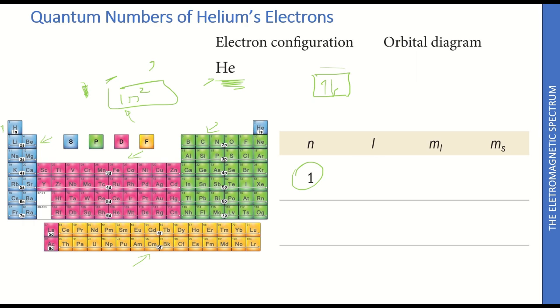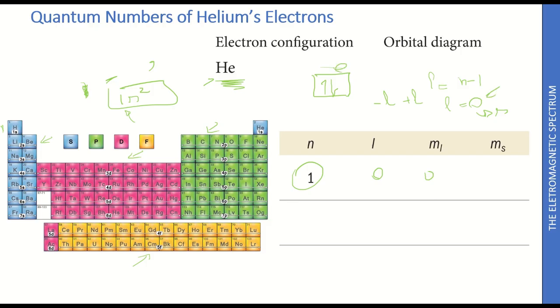So, okay, L, we know that L is what? N minus 1. So L is 0, which is the orbital S. ML goes from negative L to positive L, so it's 0. I only have 0.